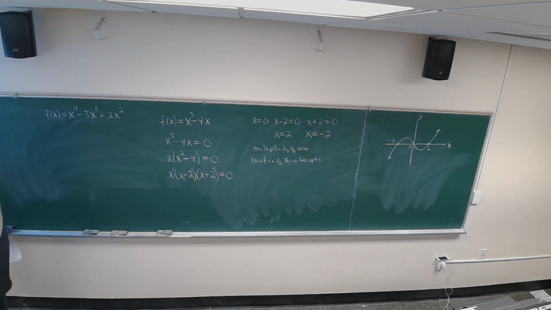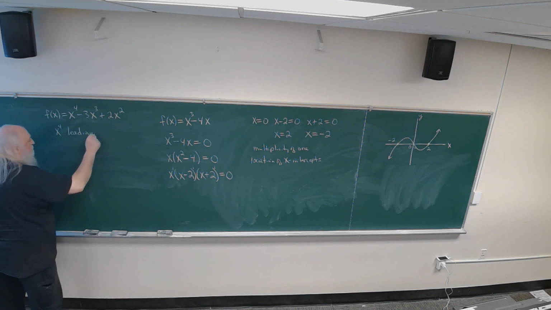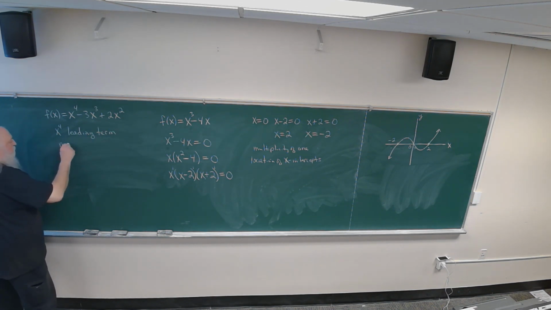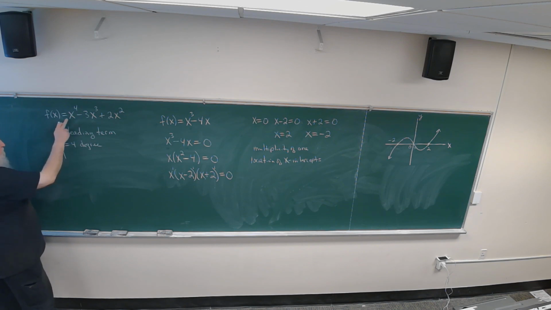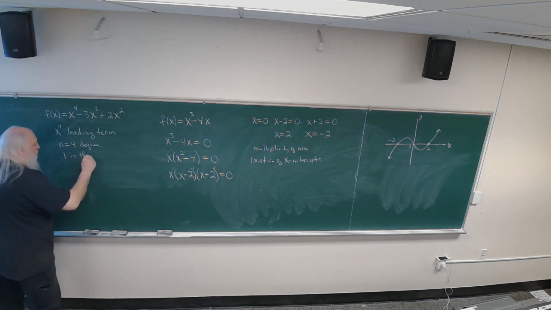So immediately we know that x to the fourth is the leading term. It's the term with the largest power of x. n equals 4 is the degree. And the invisible 1 in front of x to the fourth is the leading coefficient.